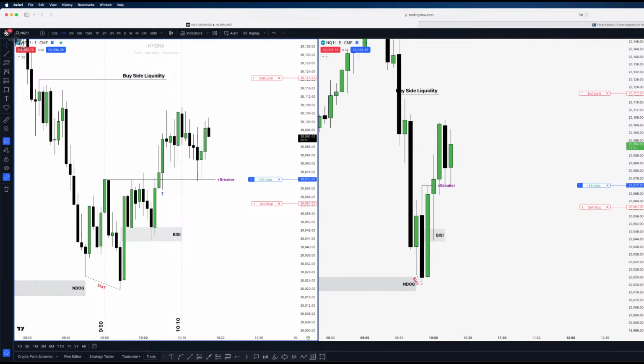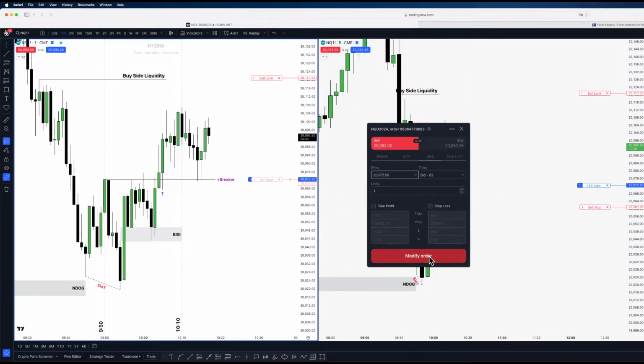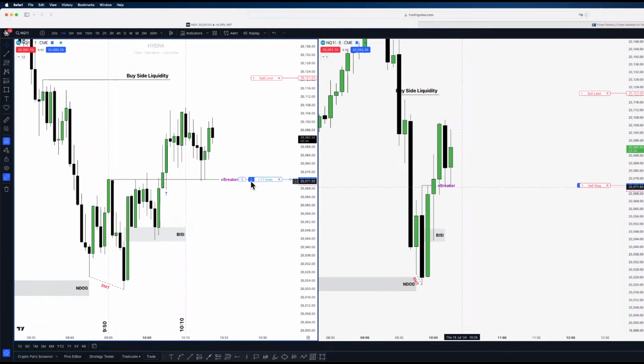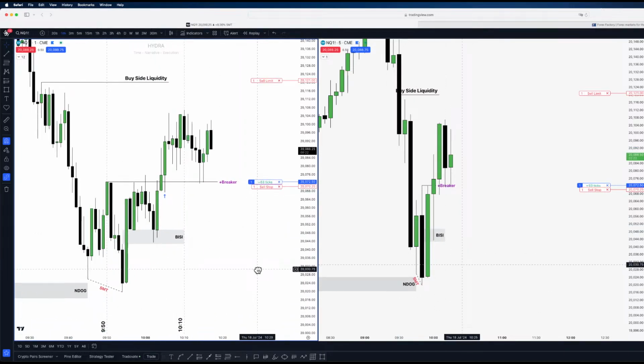That's crazy. Okay, now I'm putting my stop at break even. All right, I'm not gonna hold if price comes back down to my entry again. I'm gonna close if it comes back down to my entry.